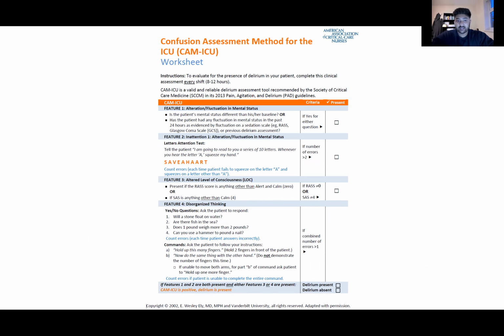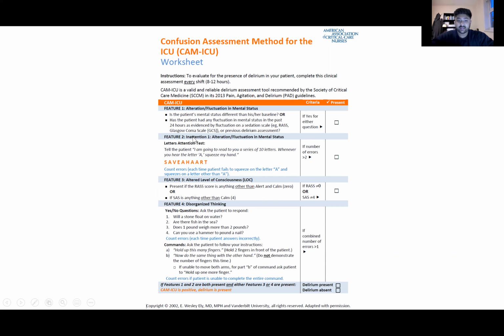Like I said, the CAM-ICU is one method that has been used for ICU patients. The main idea is working through this worksheet, or ordered questionnaire, that allows us to recognize the patients that are delirious, so they were CAM-ICU positive.